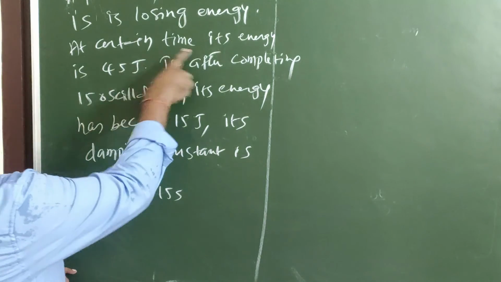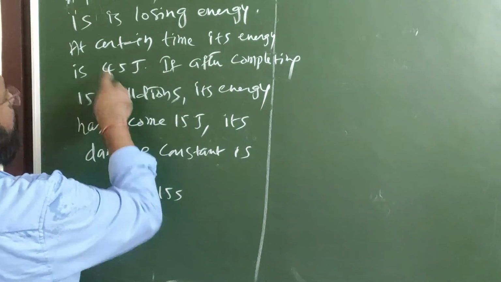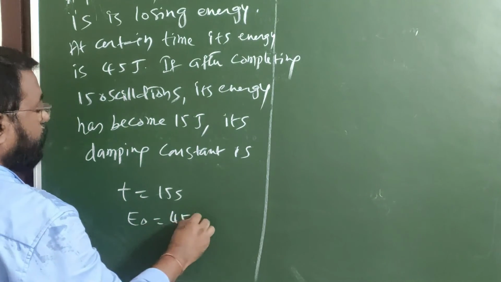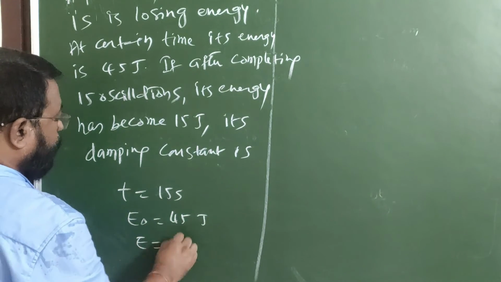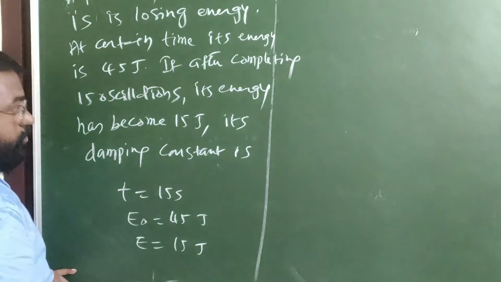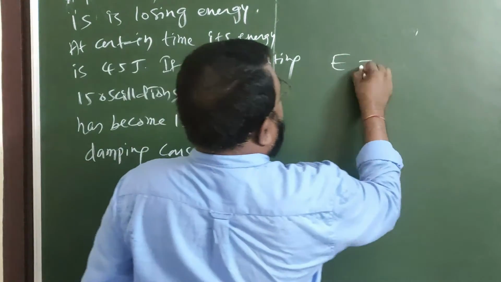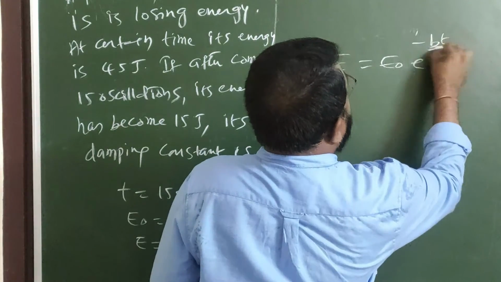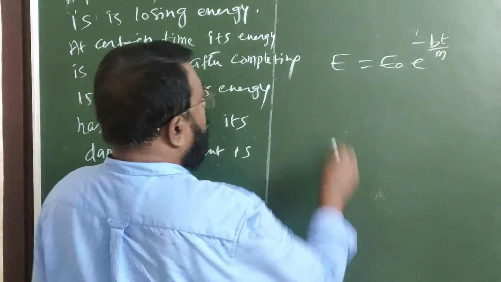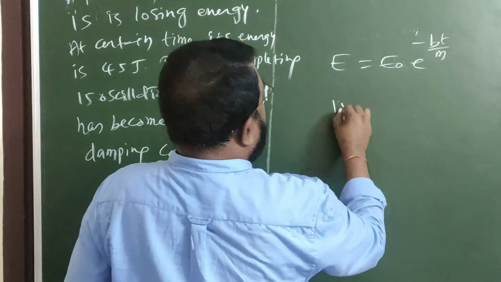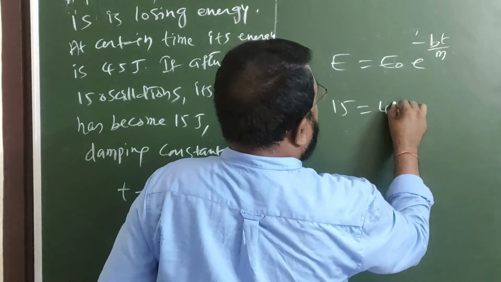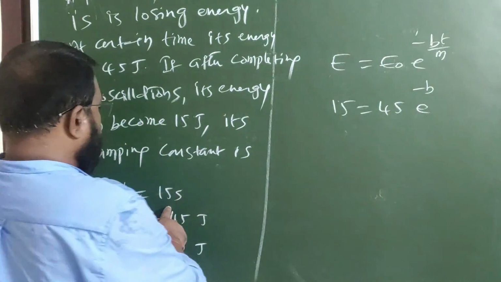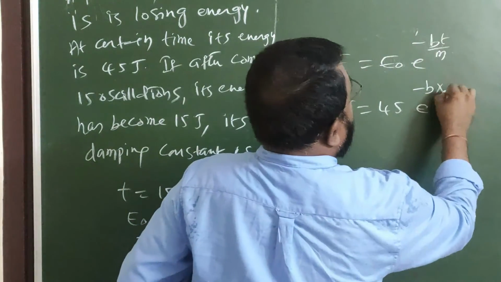Here its energy is 45 joules. I am taking E naught is equal to 45 joules and E is equal to 15 joules. Therefore, E is equal to E naught into e to the power of minus bt by m. Here E is given as 15, E naught is 45, and the time is 15 seconds.